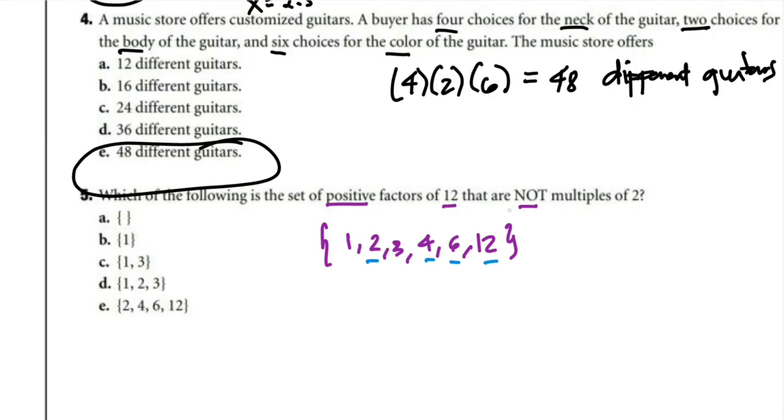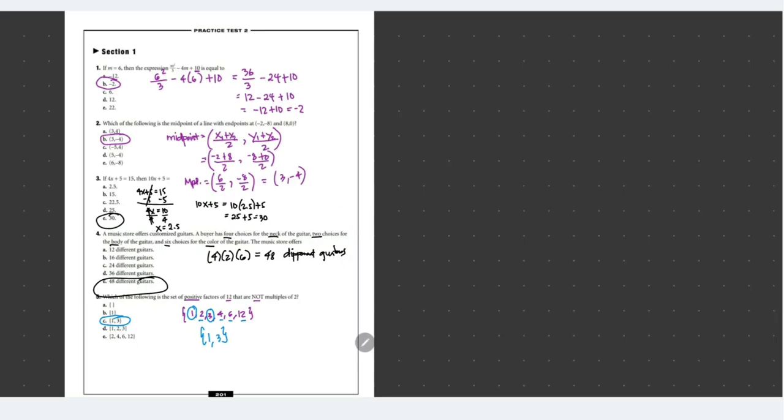But the question is, which are not multiples of 2? So the only factors that are not multiples of 2 are 1 and 3. So the answer is 1, 3. Okay. No questions for problems 1 to 5.